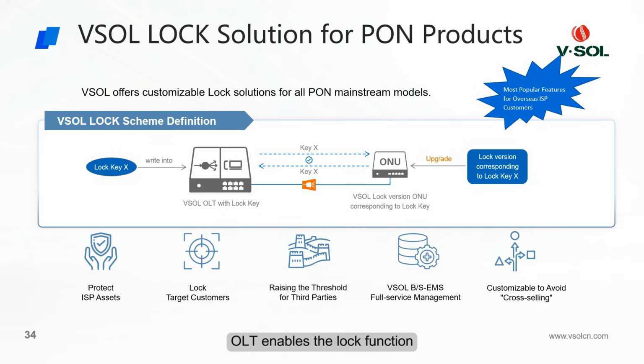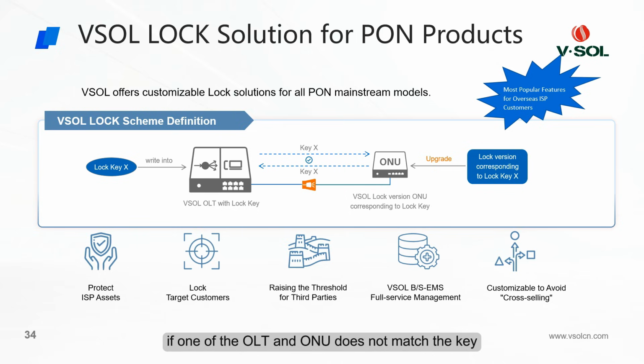The OLT enables the lock function. When the ONU is connected, the OLT will ask the ONU to obtain the key. The OLT will compare the key returned by the ONU. Only if the key is correct can the ONU be launched. If the key is not correct, the OLT will block the ONU, and the ONU needs to upgrade the corresponding lock version to take effect.